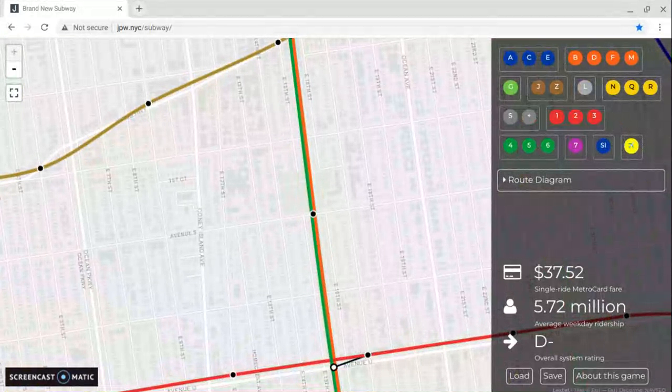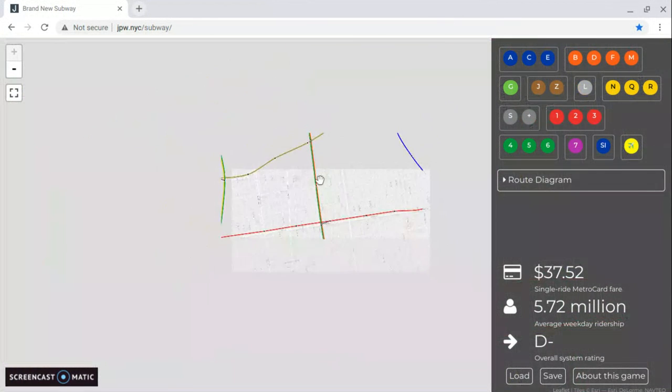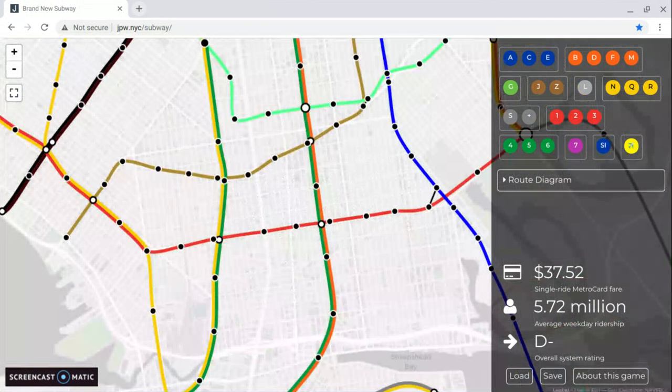Oh, actually, hold on here. Let me think if there are any stops on the present-day Brighton line. So the present-day Brighton line runs along East 15th Street in Brooklyn.